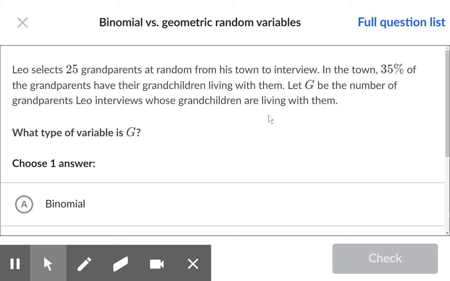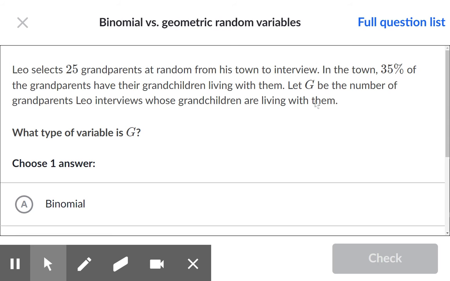This question never once mentioned that the grandparents are independent from each other, so we don't really know if the independence rule is satisfied. And they do not tell us how big this town is. There's only 25 grandparents selected at random from his town to interview. So it looks as if it's not a geometric.